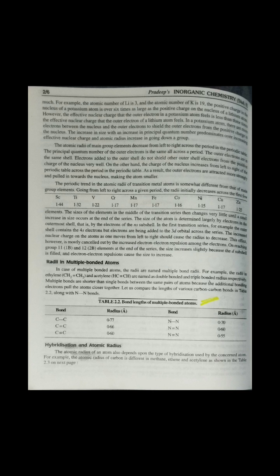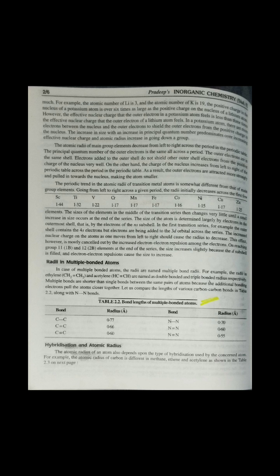The size of elements in the middle of a transition series changes very little, until a small increase in size occurs at the end of the series. The size of an atom is determined largely by electrons in the outermost shell, that is, by the electrons of the shell and subshell.